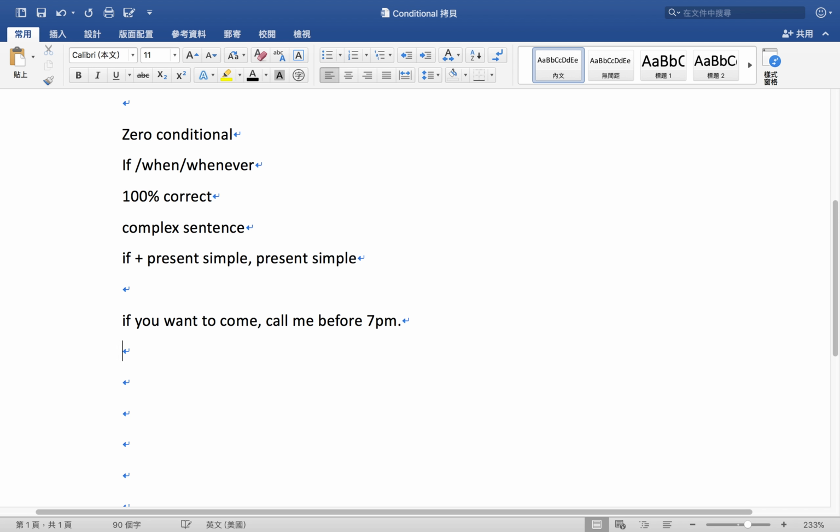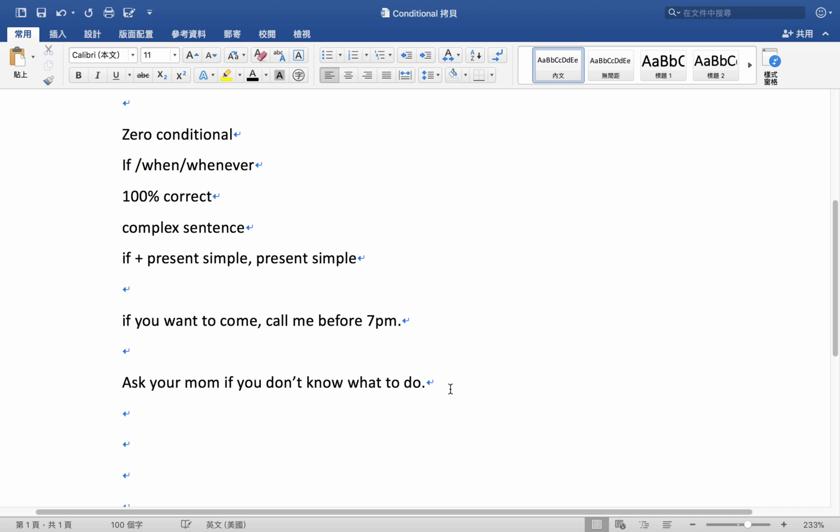And the next one is: ask your mom if you don't know what to do. Because the if clause is in the middle, you don't need to put a comma in it.